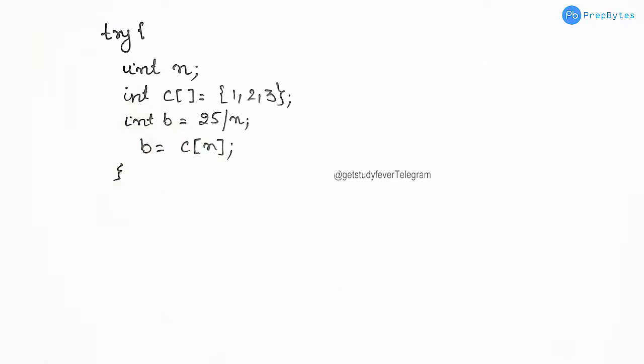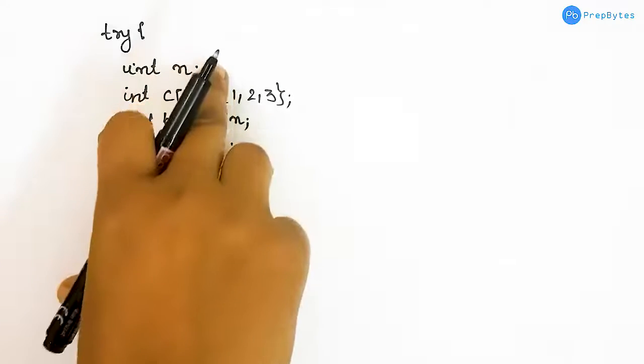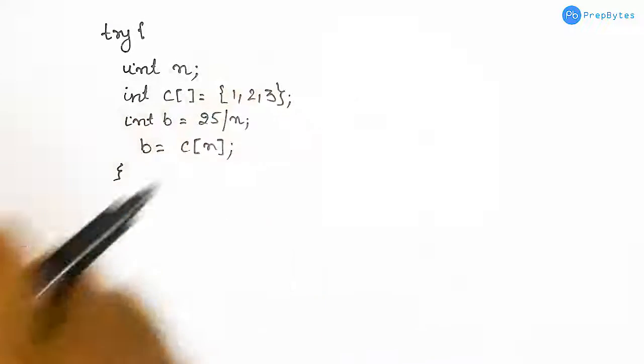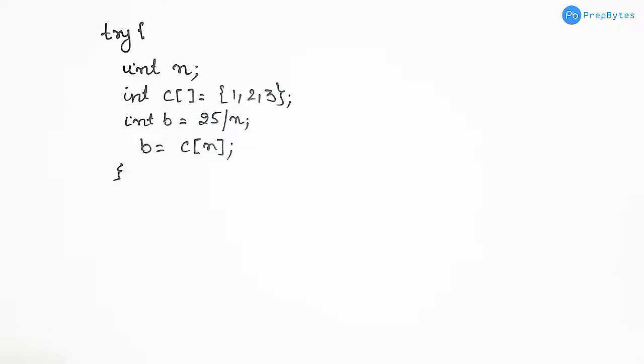In this particular code, as you can see, we have a try block. I haven't written the catch block yet; we will write it. We have an integer n, which I'm taking as an input from the user. We have an array c which has 3 elements. Now we are performing 2 operations.